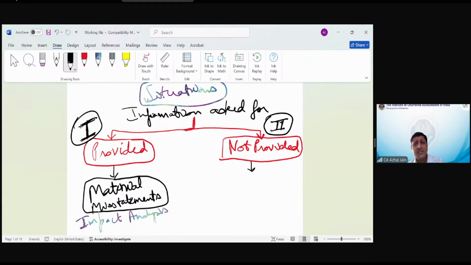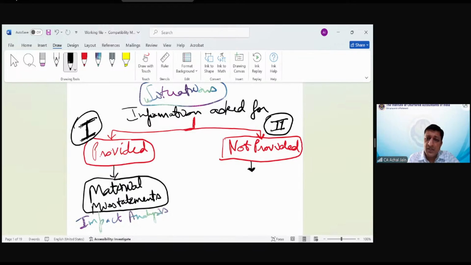The answer is yes, because he will have to conclude on the basis of whatever he has received. If something is not received, he will have to conclude that this is the thing which I have not been able to receive, because of which I may not be able to comment upon a particular area. Yes or no? Some conclusion he'll have to draw, right?